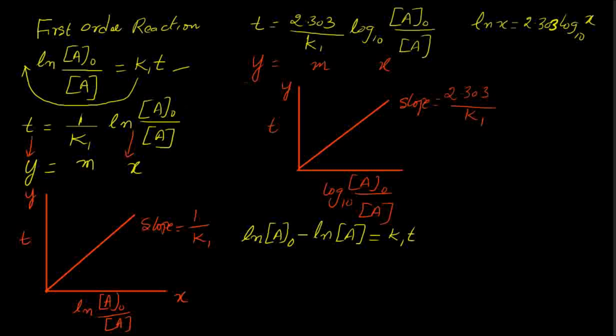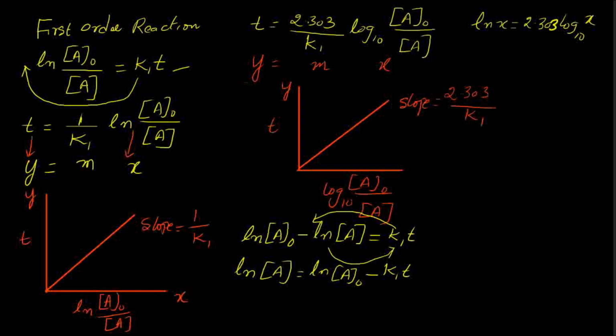Now this minus ln a comes to this side and the k1t comes to the other side. So ln a equals ln a naught minus k1t.